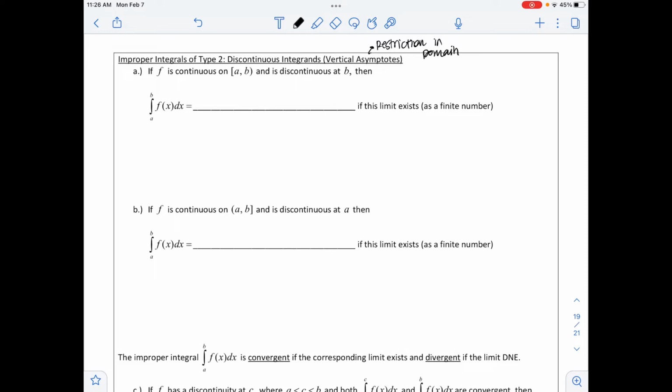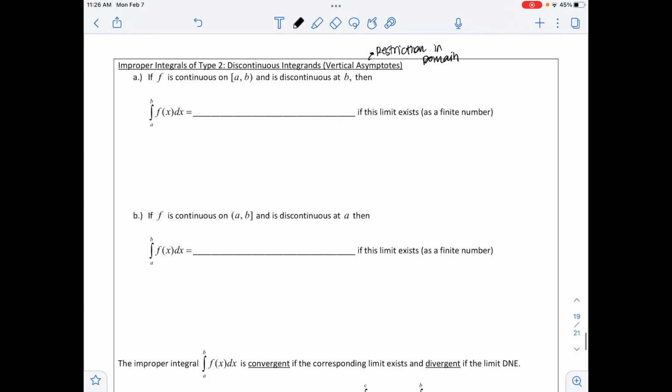This is usually going to be zeros in the denominator, so maybe a 0 in the denominator if you're dealing with rational functions. We also have these kinds of issues with vertical asymptotes with exponentials or logs.